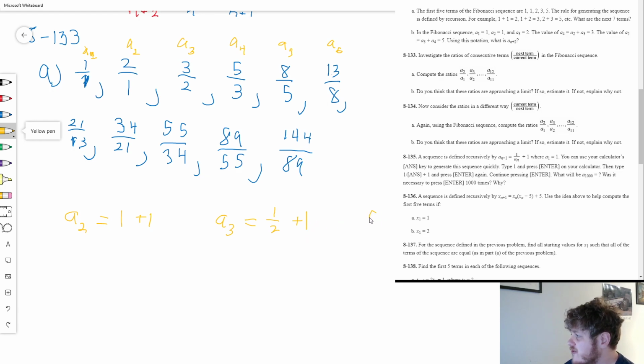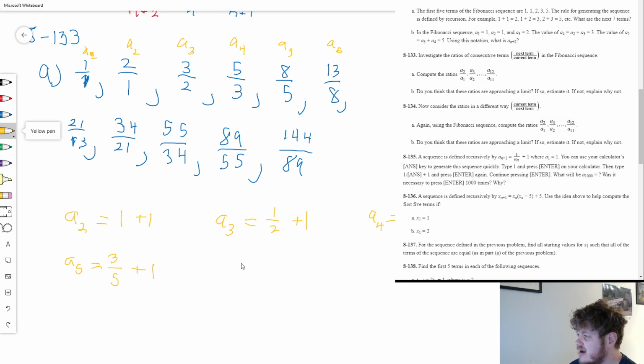For the fourth term, we take out a 1, we have 2/3 plus 1. And for the fifth one, we factor out 1, we have 3/5 plus 1. So if we look at our terms, A sub 3 is 3/2, and we have 2/2 over here. A sub 2 is 2, and we have 1 over here.